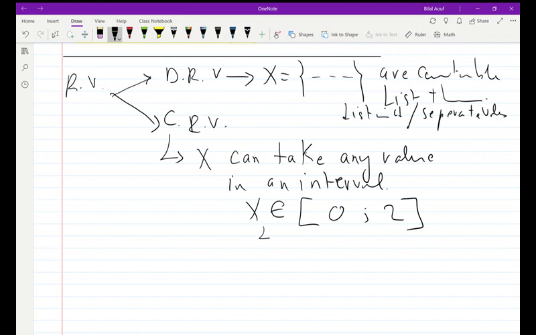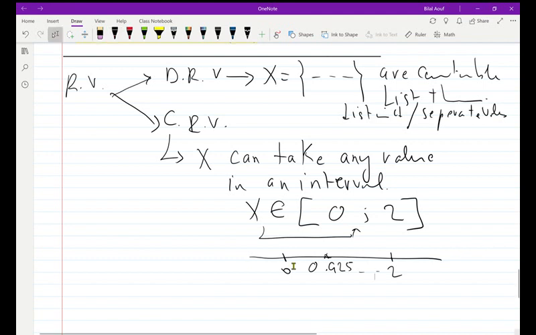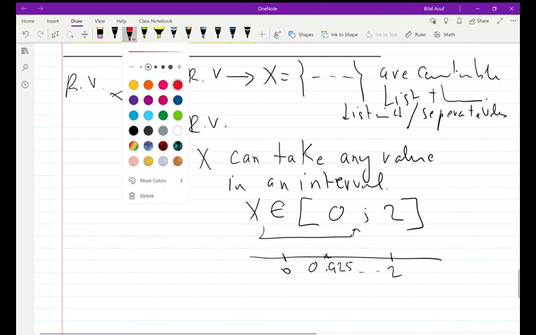So x can take any value between 0 and 2. If I put them on this axis, 0, 2, for example, I can select this value here, which can be, for example, 0.925, whatever. So obviously I can't count all the values between 0 and 2. In this case I call x a continuous random variable.